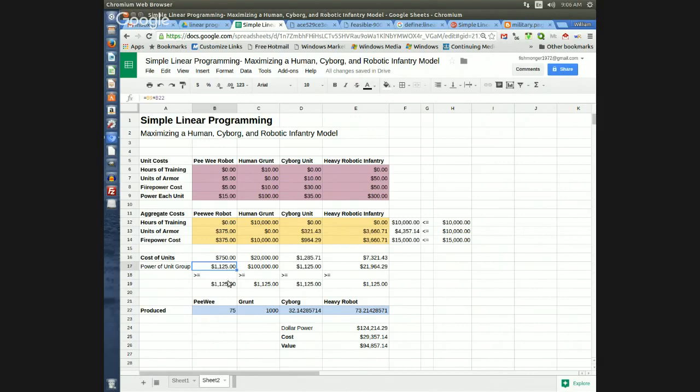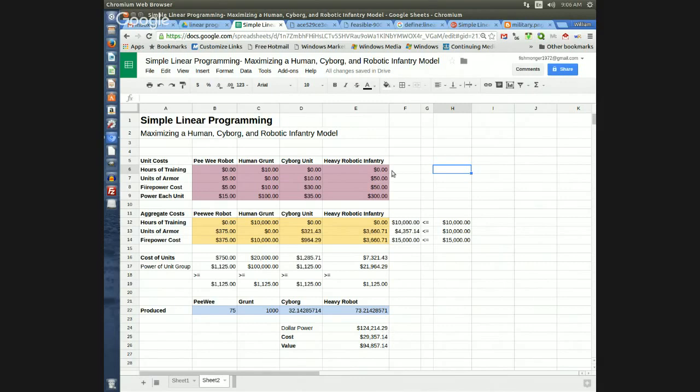And the amount of power of each unit that we have to have should be over a certain average amount, right, that we've defined as the average of the firepower cost of each unit times 10. This is so that you don't only have one or another of the various units, you have a contingency where you have pretty much a little bit of everything. So it's like affirmative action for cyborgs.